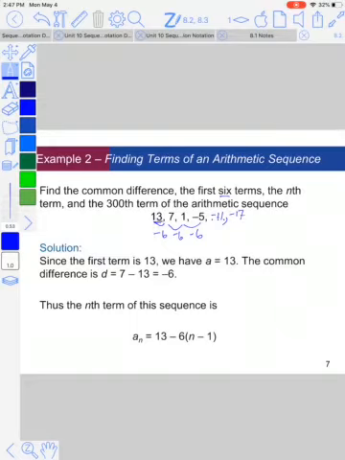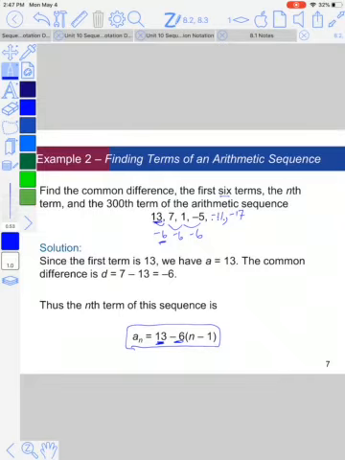We know that 13 is our first term, and our common difference is negative 6. So we would get a sub n equals 13, which is our initial term, minus 6, our common difference, times n minus 1.